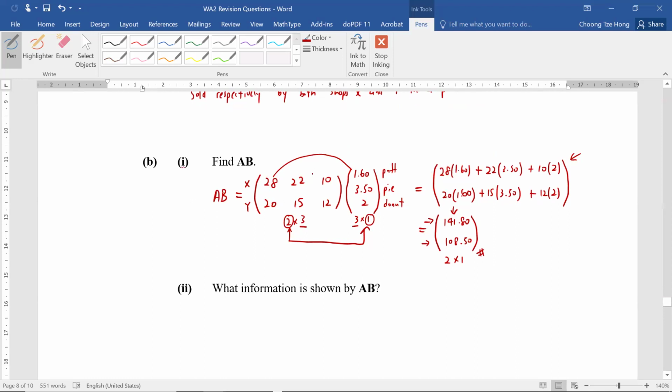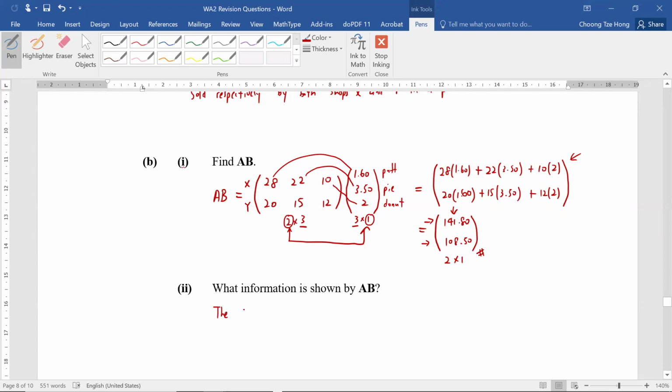Then we take the number of chicken pies, multiply by the selling price of the chicken pie, and subsequently we take the number of donuts sold multiplied by the selling price of the donuts. Then we added them together. In other words, the top number represents the total sales in that particular hour for shop X, and similarly the bottom row is the total sales for shop Y in that particular hour, of the 3 items.